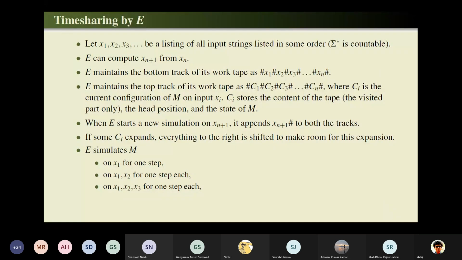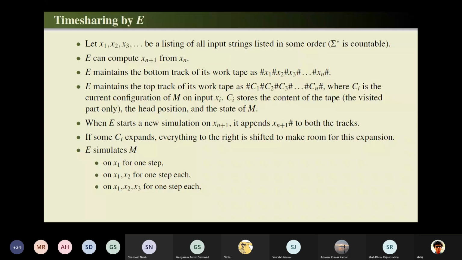So eventually some session on the nth input xn will start, and it will get its time. I would not say periodically, not in the proper sense, but eventually it will get time. Every simulation on xn will get enough time to reach completion and go to the accept state whenever some xn is accepted.